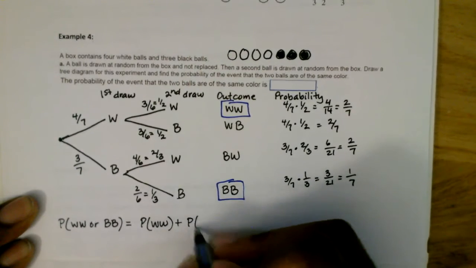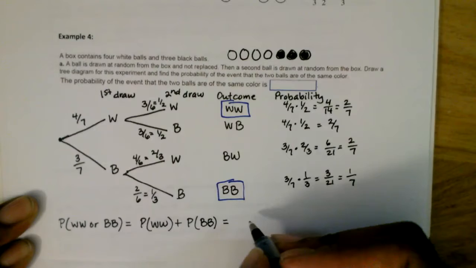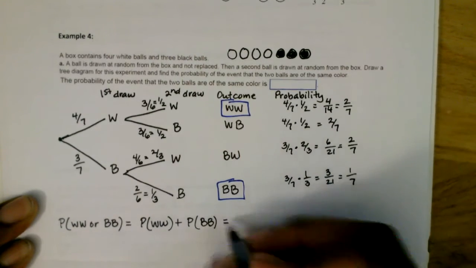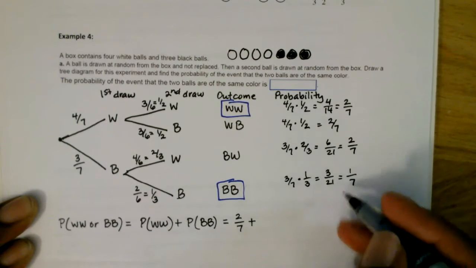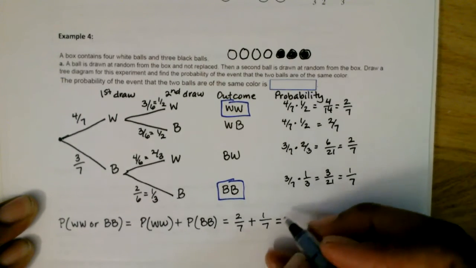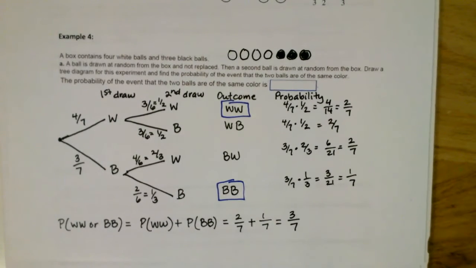The probability of 2 white balls came out to be 2/7, plus the probability of 2 black balls, that came out to be 1/7. Add 2/7 and 1/7 together, you'll get 3/7. So the probability of 2 balls of the same color would be 3/7.